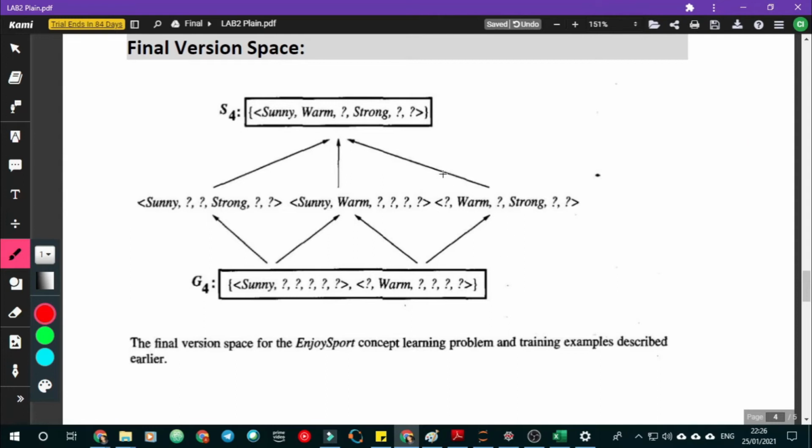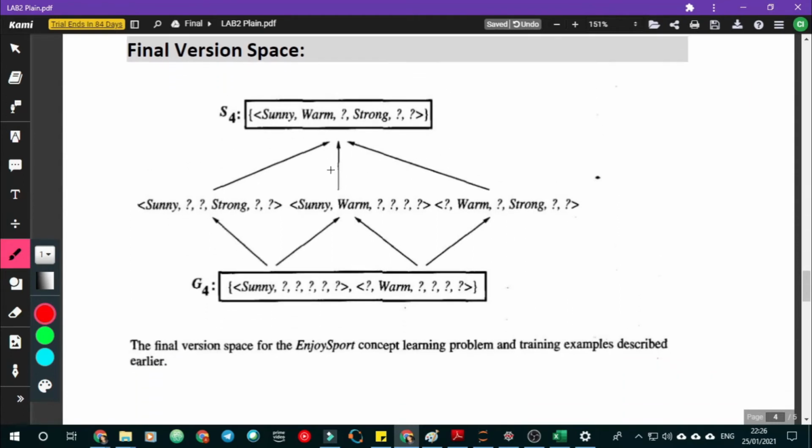And how to find the version space? Whatever I have got from S4 and G4, I have written over here. This is one hypothesis, second hypothesis, this is a specific hypothesis. And how to write the version space? Just remember, in this general hypothesis we have only one attribute value among all the 6 values.